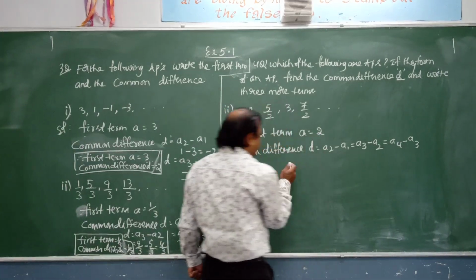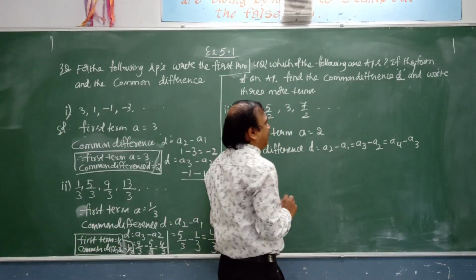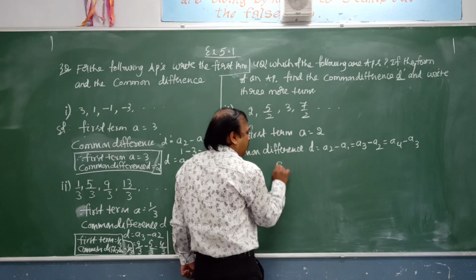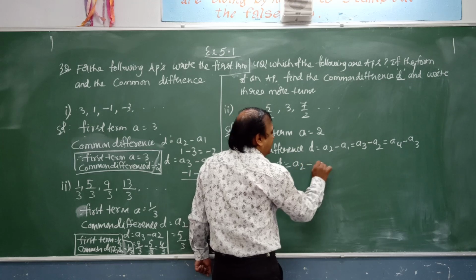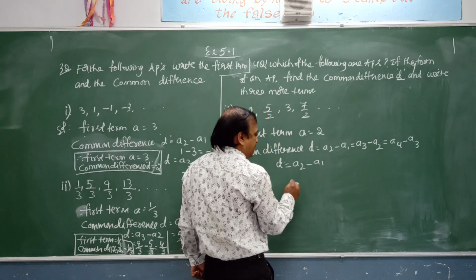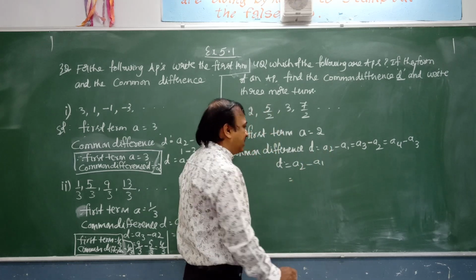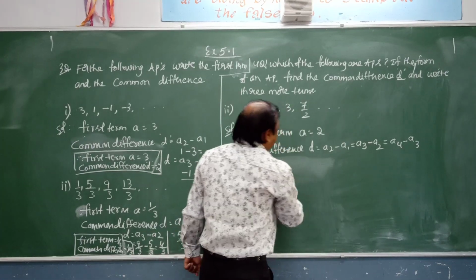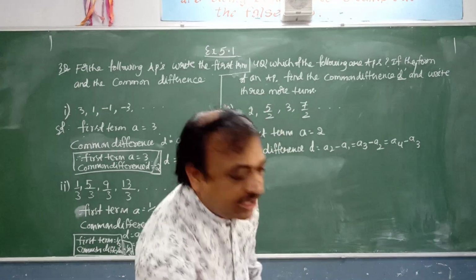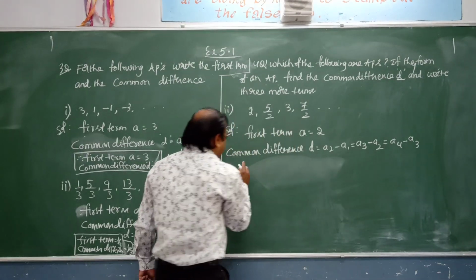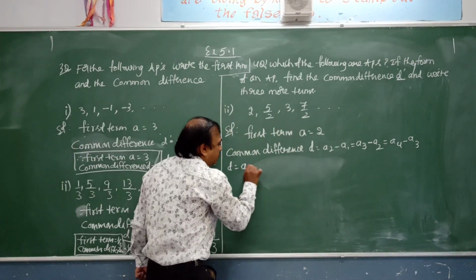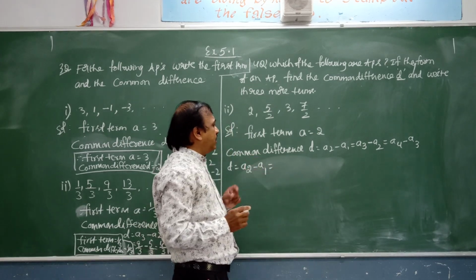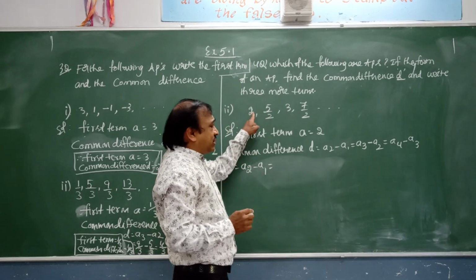Now you see here, first A2 minus A1. D is equal to A2 minus A1, which will be 5 by 2 minus 2.